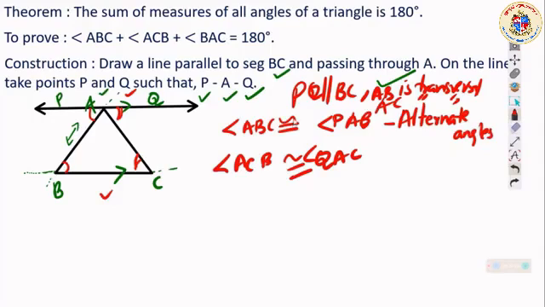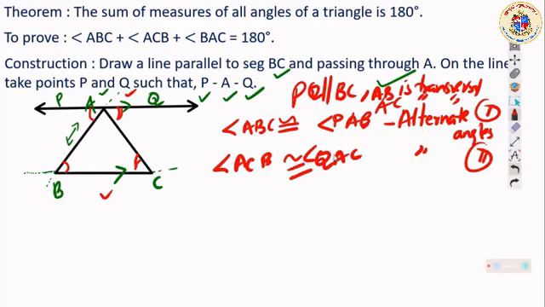We can write either equal to or congruent. So because of alternate angles, we have written this also. So this can be written as equation 1 and this can be written as equation 2. From these two we can conclude. How can we conclude? These are equal.